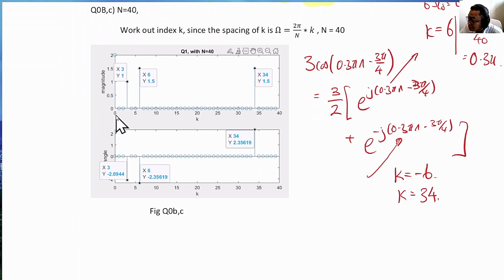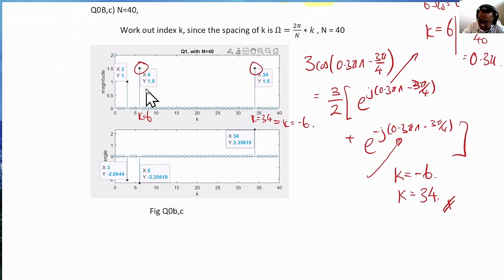How do I know this? K equals 0 is the same as k equals 40. K equals 1 is the same as k equals 41. So k equals minus 1 is 39, and hence k equals minus 6 is 40 minus 6, which is 34. So this is how we see that when we plot only for positive k's, we are plotting a complex exponential at k equals 6 and at k equals 34 for k equals minus 6.